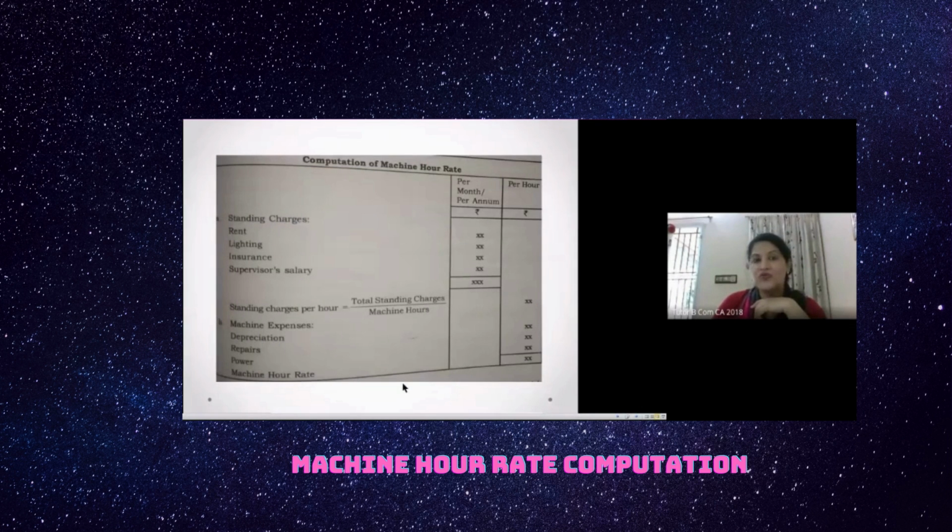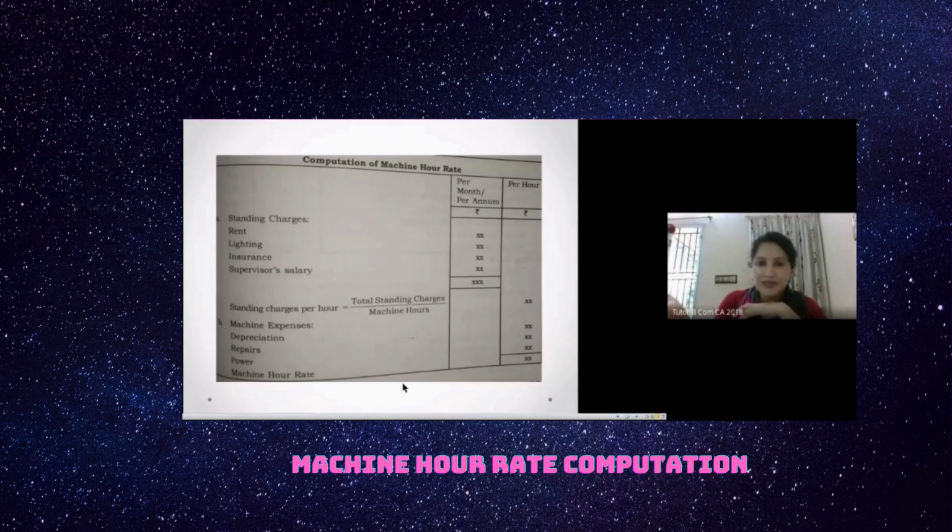So these are the two charges, and we have just looked into how we go with the computation. Let me show you the format once more. In the format, you can see that there are two parts. The first part talks about standing charges, the second part talks about machine expenses. And you also know that since we have to go with hourly computation, per annum or per month needs to be ultimately converted into per hour.